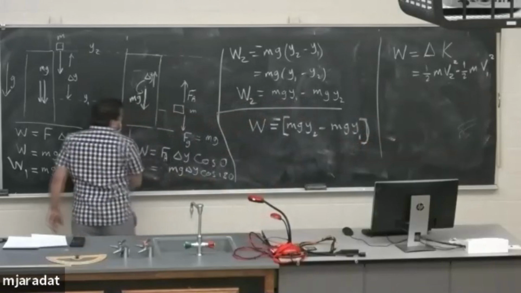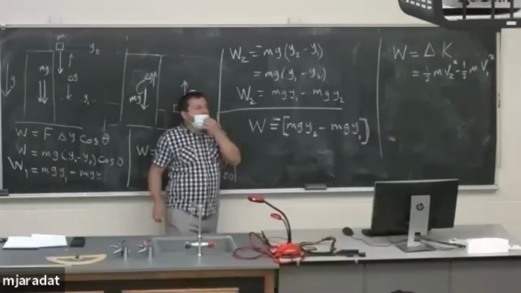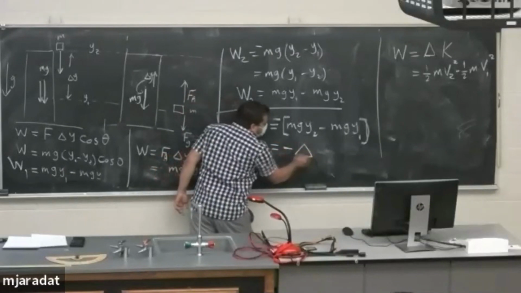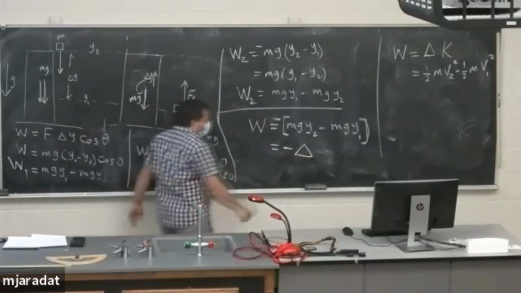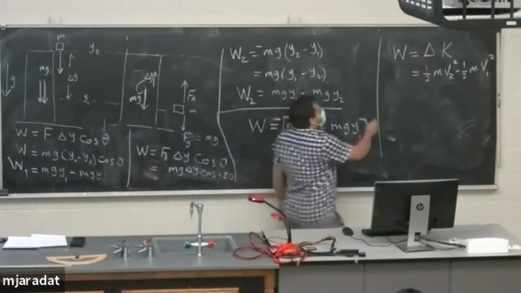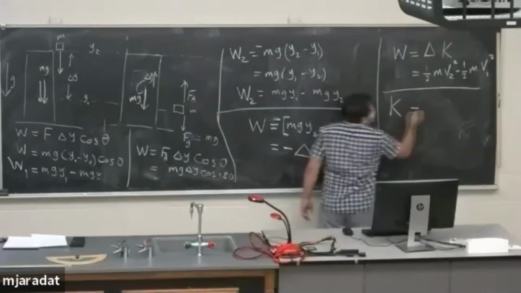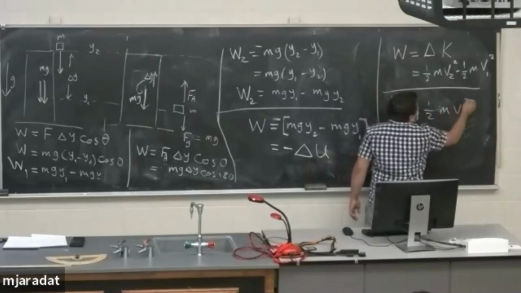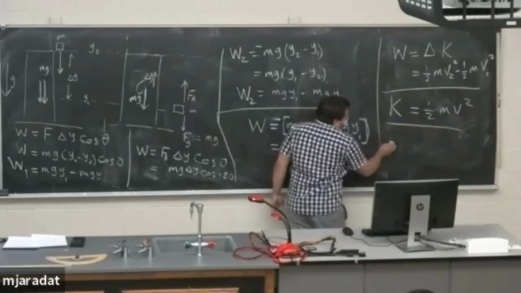If we define mgy as a new quantity, the work will be equal to negative the change of that quantity, which I name U. From before, we defined kinetic energy as 1/2 mv squared. Now we need to define the potential energy.